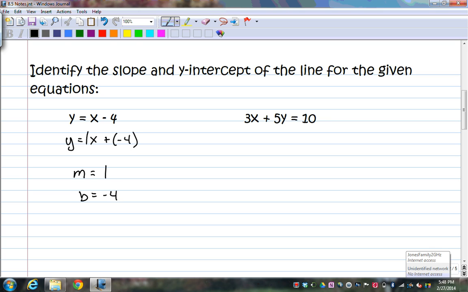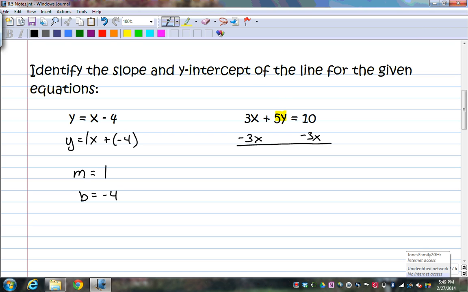This other one over here, you actually have to solve for y to find the slope and the intercept. So I'd like you to write this down, pause the video, and solve this one yourself. Okay, subtract 3x from both sides because, again, we want it to be y is equal to mx plus b, so we're going to leave the y on the left side here because it's right here, see?